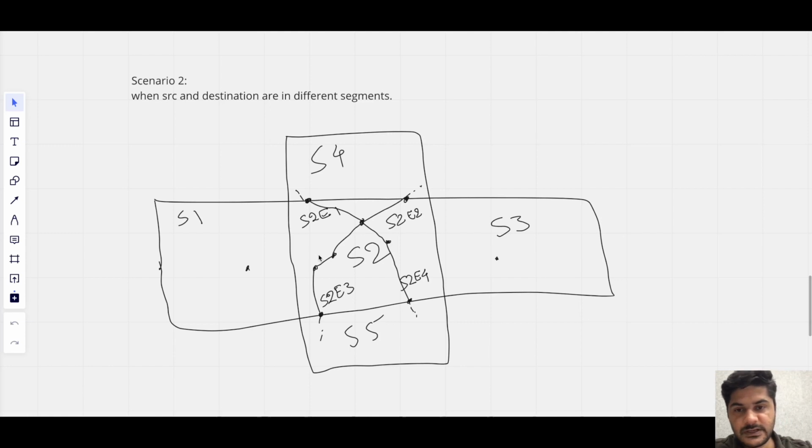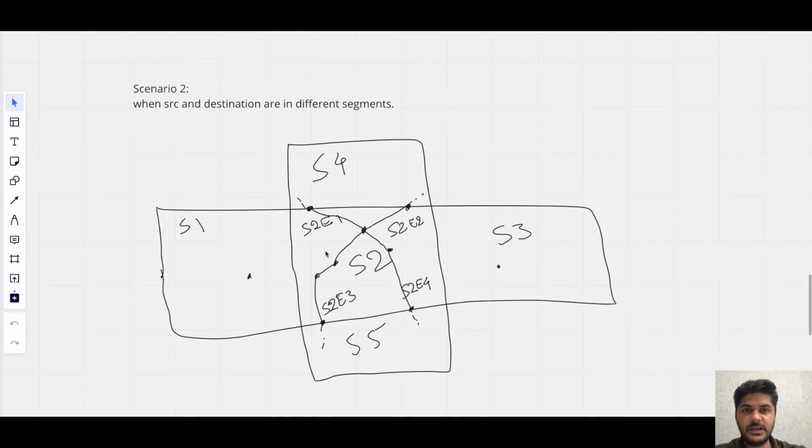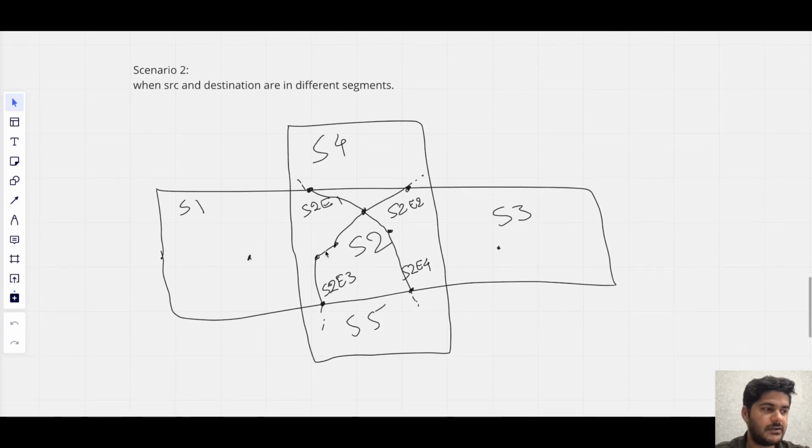So first of all, we just need to establish one understanding. Now when we are talking about inter-segment path, let's see, this is S2, the segment 2. In this, just focus on the exit points of this segment.